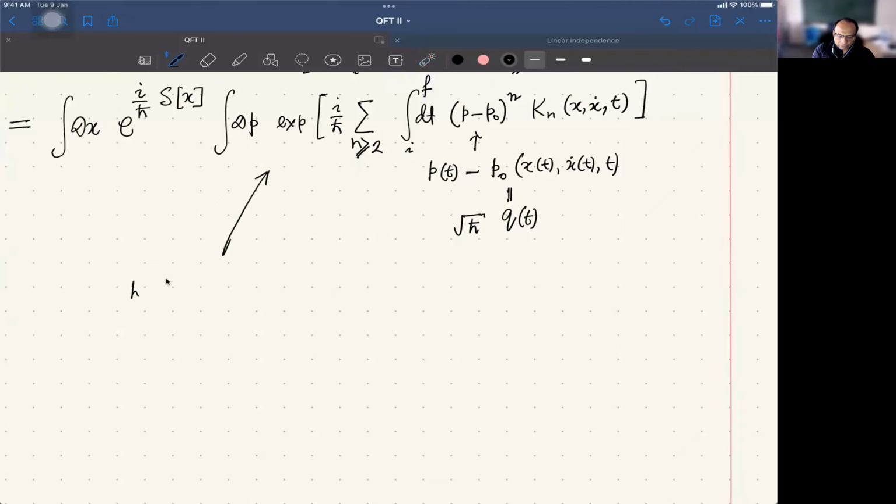It's h bar to the power half, integral dq, exponential of i over h bar, sum over m greater than or equal to 2, h bar to the power m by 2, integral dt from i to f, q to the power m, k_m of x, x dot, and t.